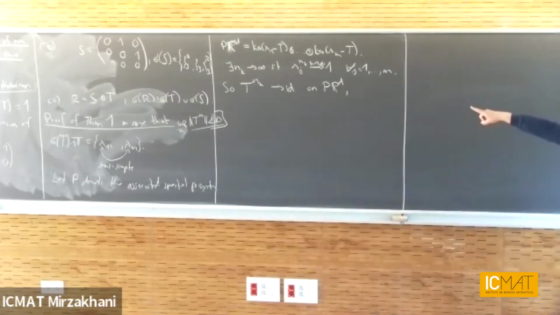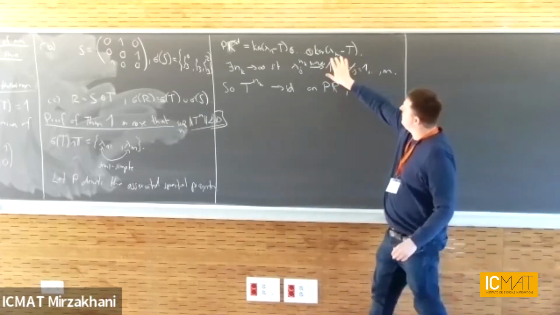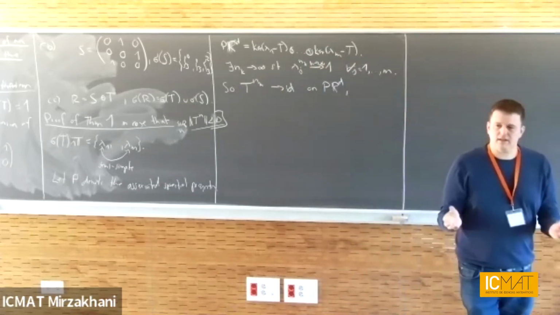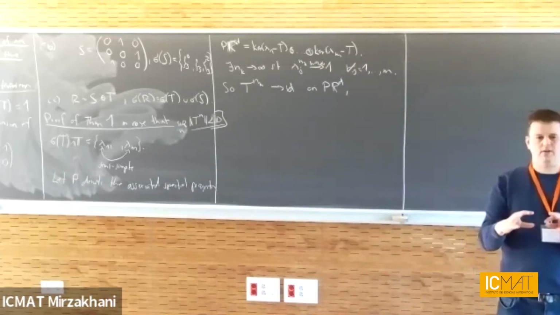But if I consider the action on the kernel of P, that's the rest of the space which does not belong to those eigenvalues. So on the kernel of P, the eigenvalues of the remaining operators are strictly less than 1 in modulus.